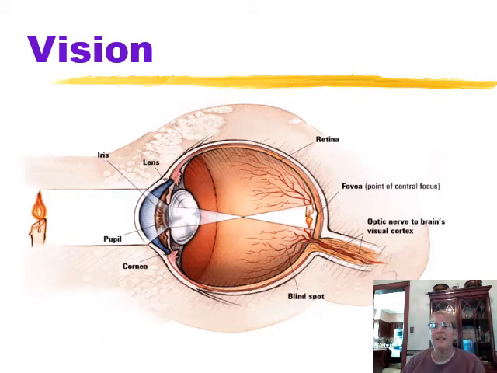All right. So the fovea is the area of central focus. The blind spot is where there are no receptor cells, rods or cones, therefore you have no vision in that one area of the eye. Okay, and you can see the optic nerve. What does it do? It relays neural messages onto the brain.